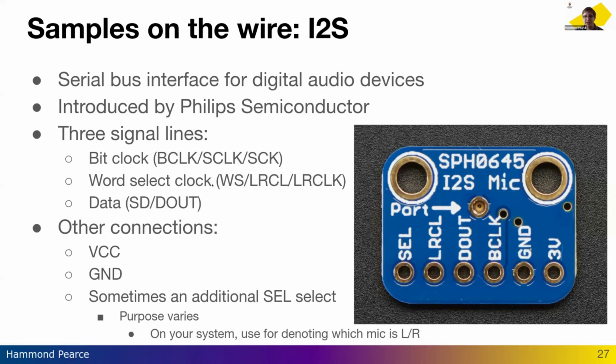We have a word select clock, which chooses whether you're the left channel or the right channel, and on this board it's called LRCLK. And then we have our data line, which is the actual bits of audio being captured, and in this case it's called DOUT. On this board, we also have a SEL pin, which determines whether the microphone is the left channel or the right channel. And then we've got power and ground, so nothing too outrageous there.